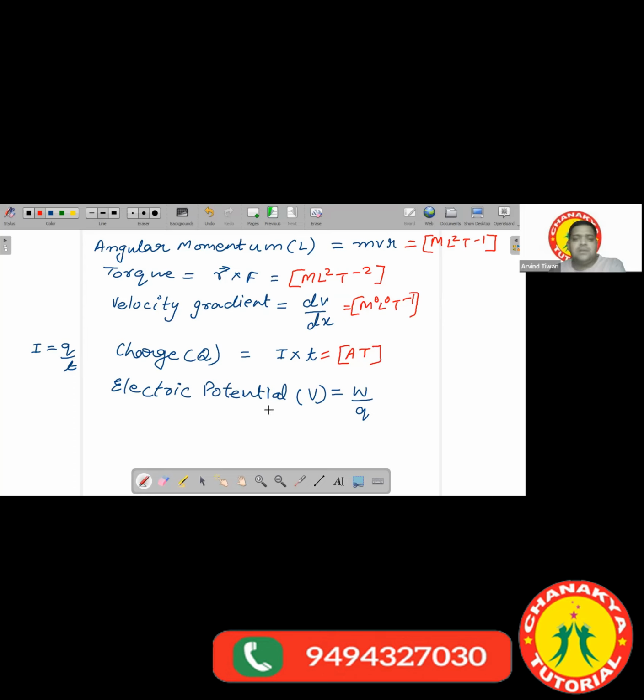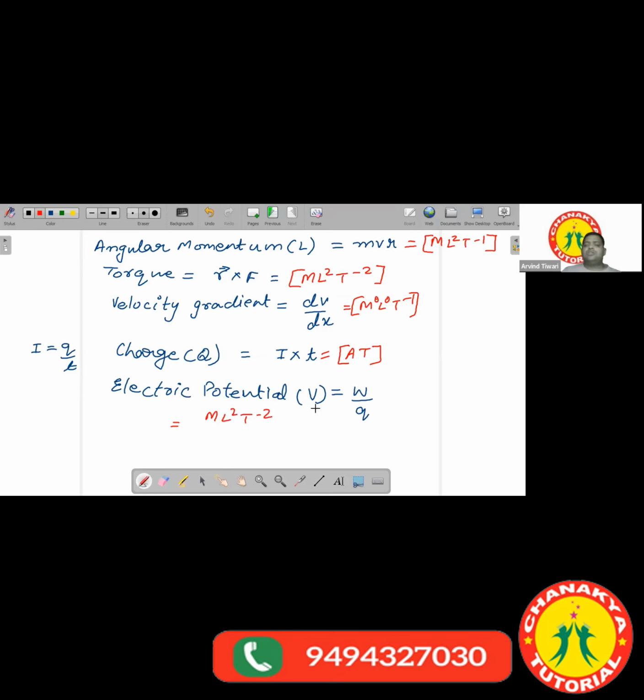For electric potential, you'll get here work done is represented by the dimensions M L2 T minus 2. So currently you are not able to remember, but you can recall it.